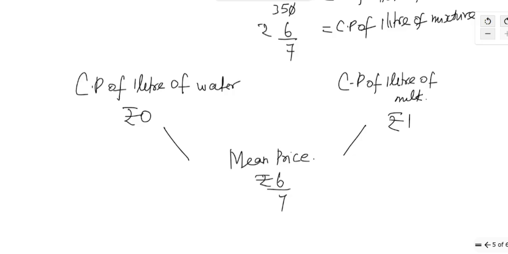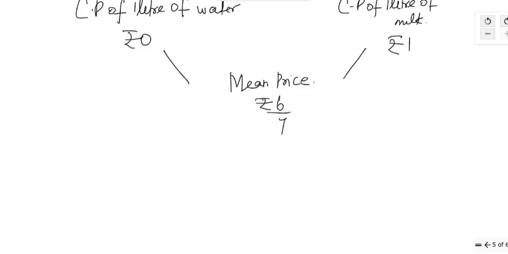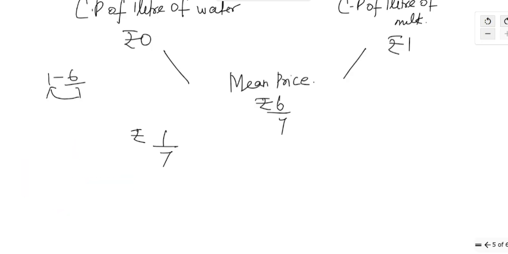Now, we need to do the subtraction. 1 minus 6 over 7 is nothing but 1 over 7. Of course, we need to take LCM: 7 times 1 is 7, 7 minus 6 is 1 over 7. And this one is simply 6 over 7 minus 0, that gives us the same thing, 6 over 7.